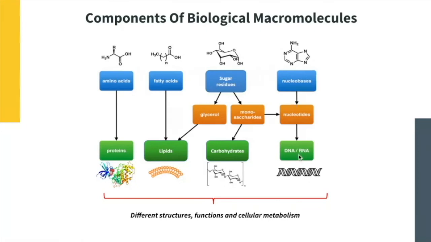Okay, and the subunit of DNA, of course, is the nucleobases. Okay, so all of these have different structures, different functions, and different cellular metabolism. We will learn together all of those macromolecule structures, functions, and also their metabolism.